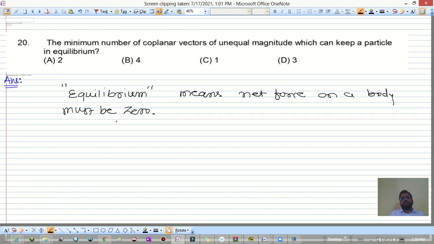Over here we want the minimum number of coplanar vectors, so it must be 3. For unequal magnitude it must be 3, for equal magnitude it must be 2. So the answer for this is option D.